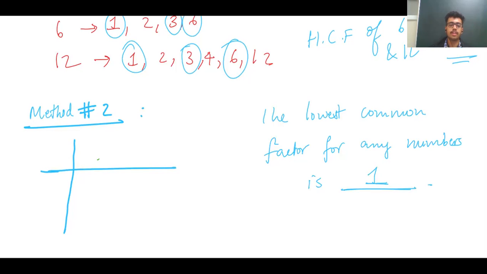So let's find the HCF of 8, 12, and 36. Okay. So I'm going to write it like before 8, 12, and 36. And similarly, I'm going to divide it by the common number. Which is the common divisor for these? 2. Okay, 2. So what am I left with?